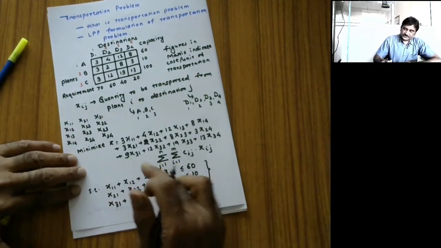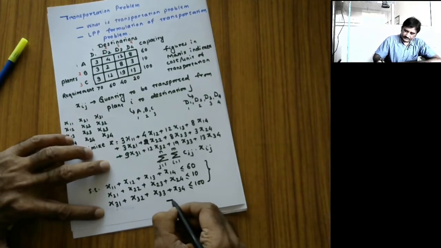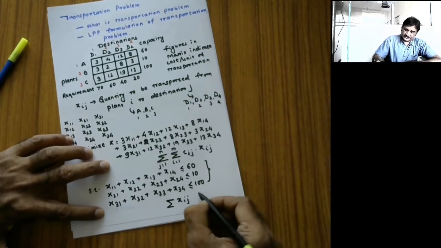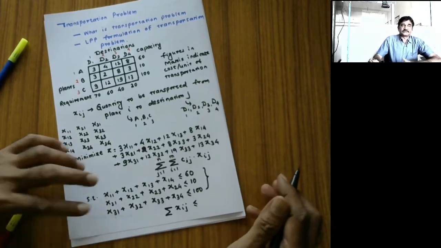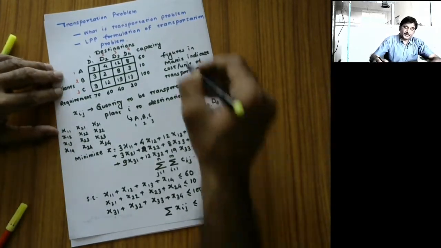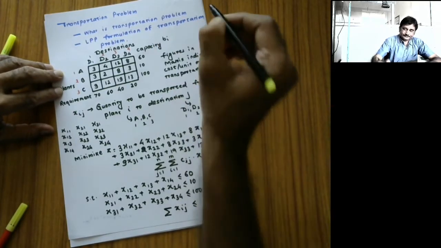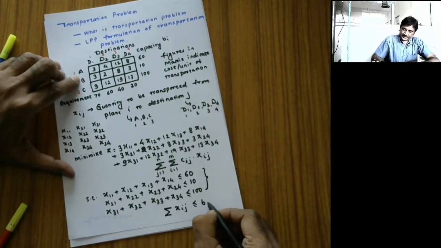So these three constraints can be represented by one statement: summation Xij is less than or equal to the capacities, and the capacities I will represent by bi.